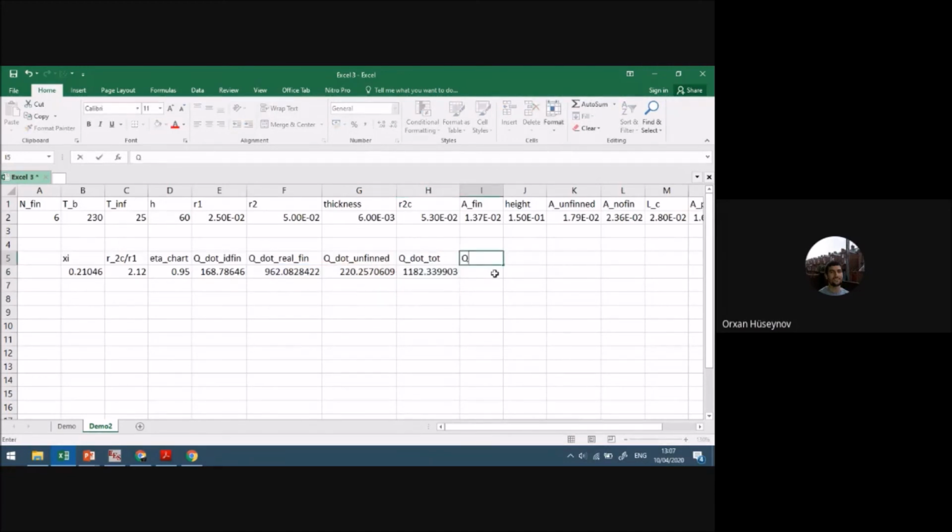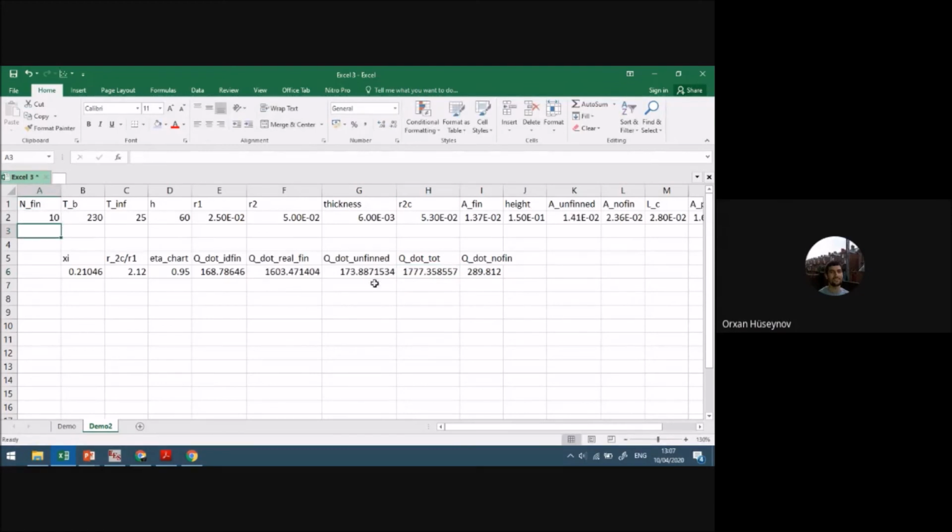If you don't use anything, Q dot no fin, then you will have again the same calculation, H area no fin into the temperature difference, T base minus T infinity. We see we have a lot of heat transfer, 5 times more; if you don't use any fin, it is 5 times less. So I can increase the number of fins.